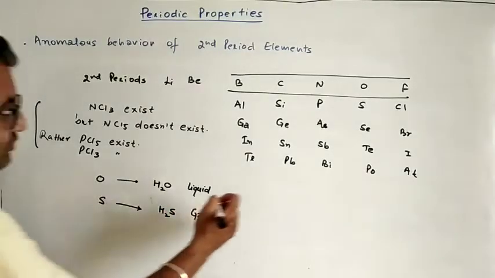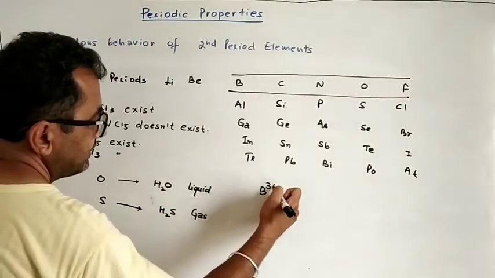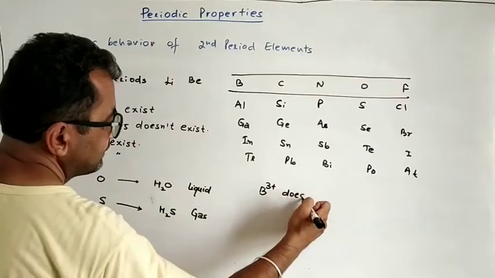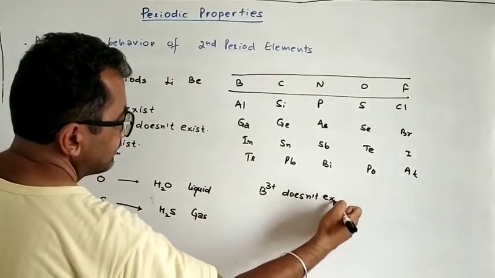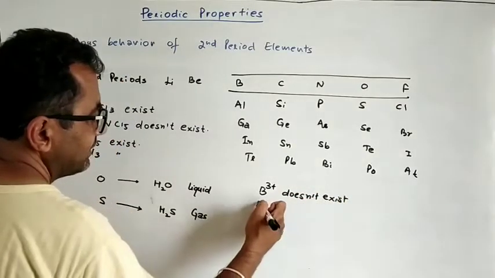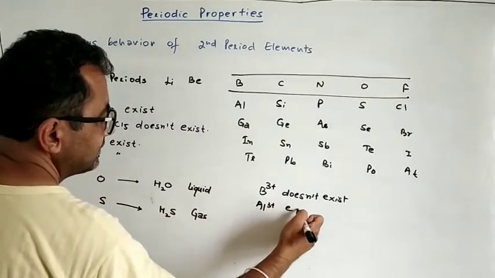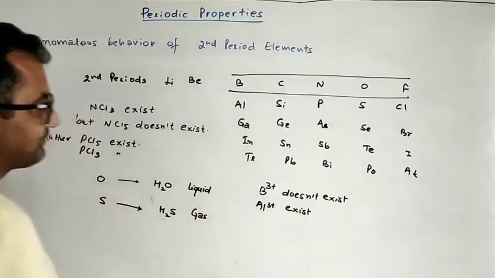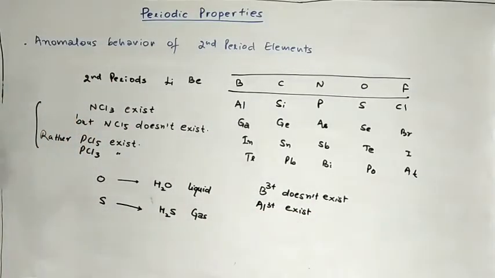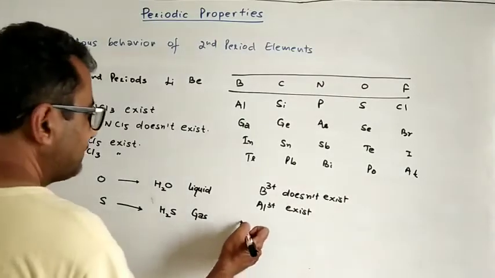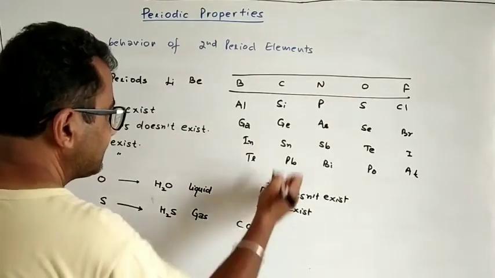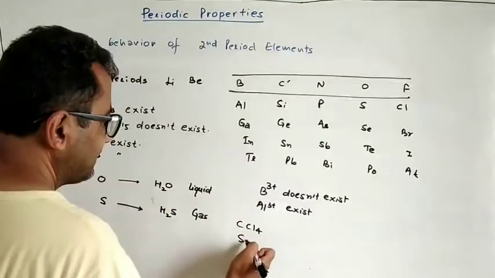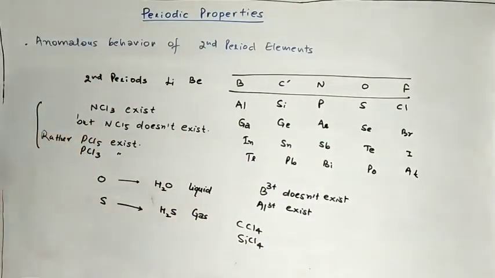As you can see in boron also, B3+ does not exist, but Al3+ exists. Take the halides of the carbon family, CCl4 and SiCl4. These are the halides.